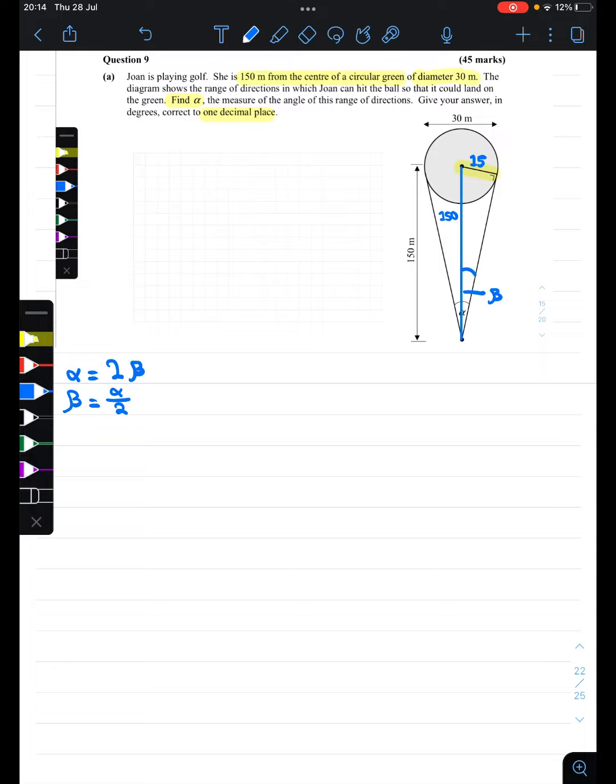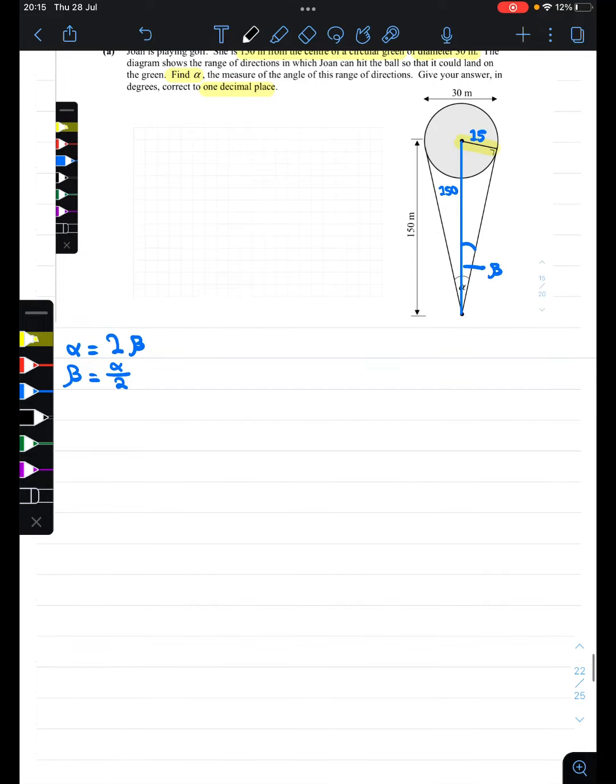And we notice that we have a right angle triangle where we have the length of two sides and we're trying to find an angle. Well, immediately we think of our trigonometric formulas. So we have sine, which is opposite over hypotenuse.